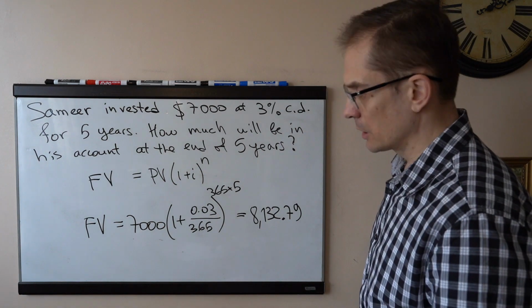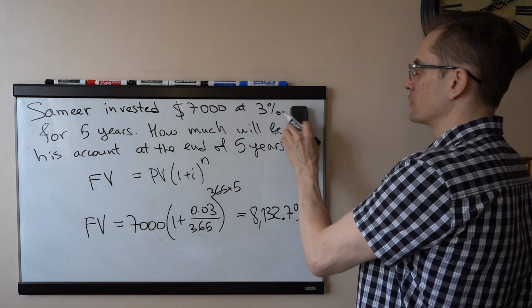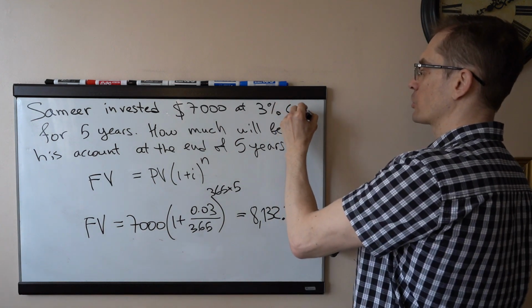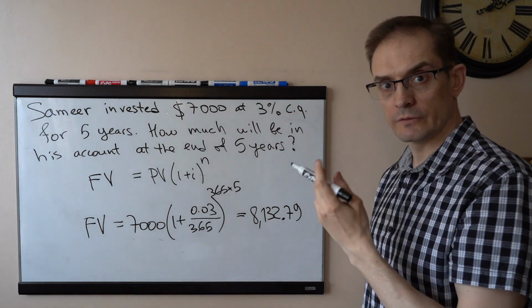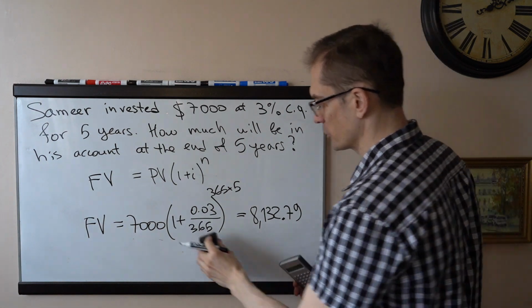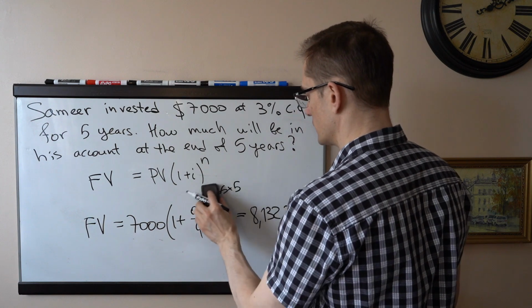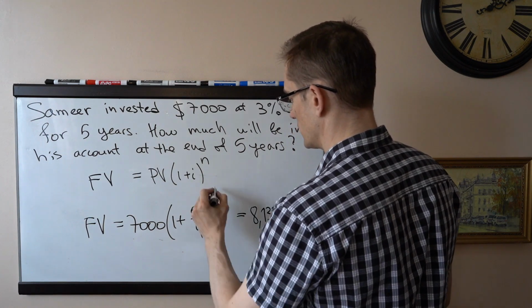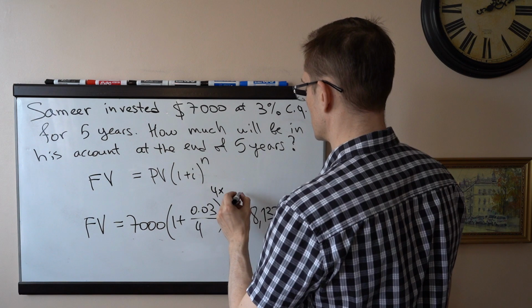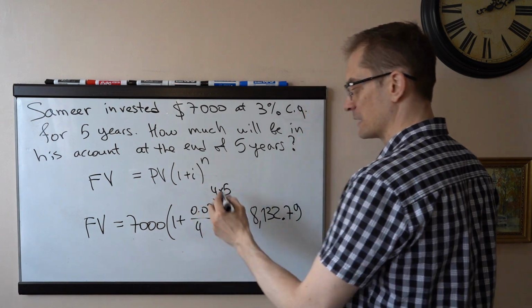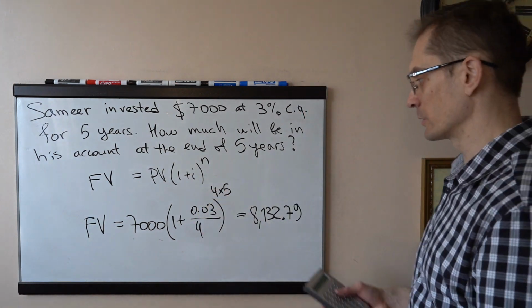Okay, so the same thing, what if this rate was compounded quarterly? How will this change? Well, you divide here by 4. Here it's 4 times 5. So that's compounded quarterly, the rate every quarter.